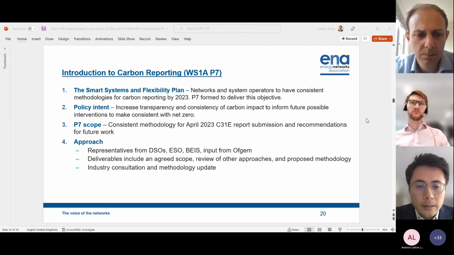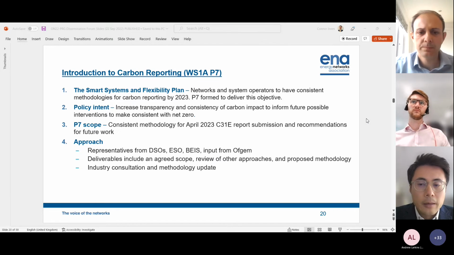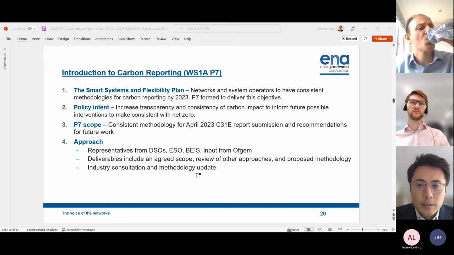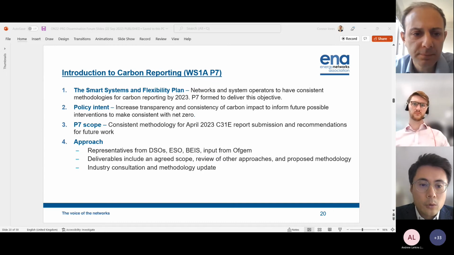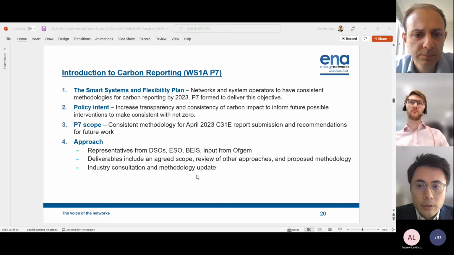And the objective came out of the Smart Systems and Flexibility Plan as one of the actions, whereby BEIS and Ofgem wanted networks and system operators to have a consistent methodology for reporting carbon for flexibility by 2023. And so the product team was set up to deliver this objective.